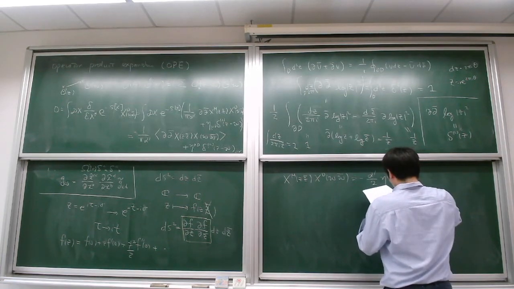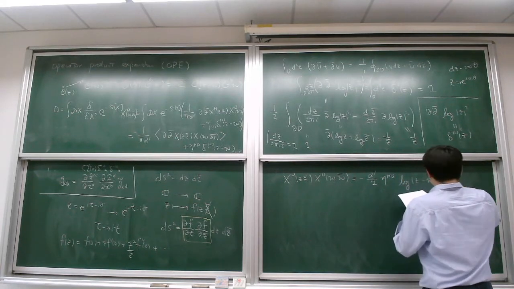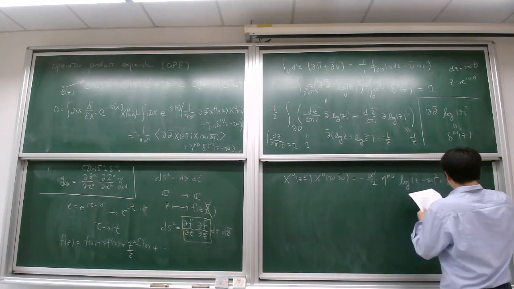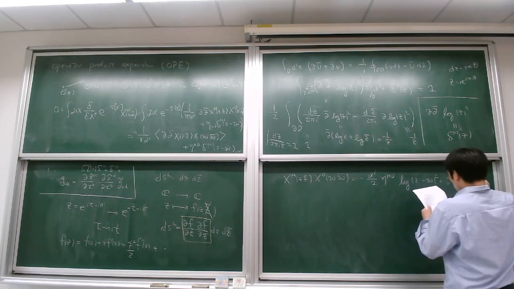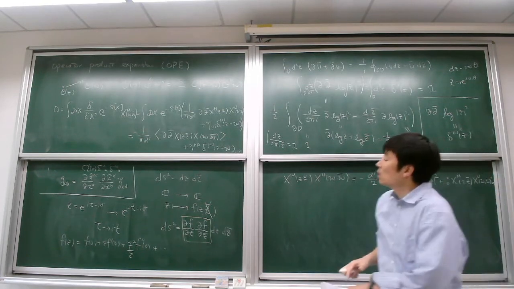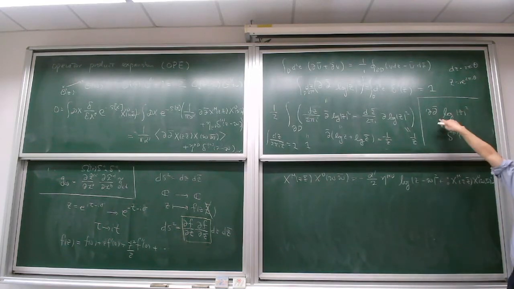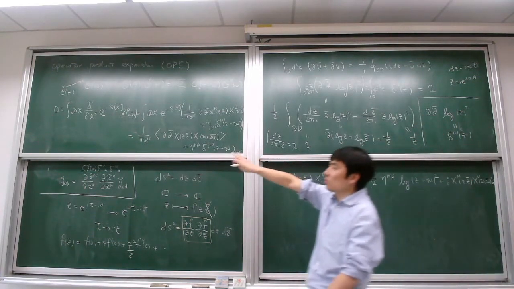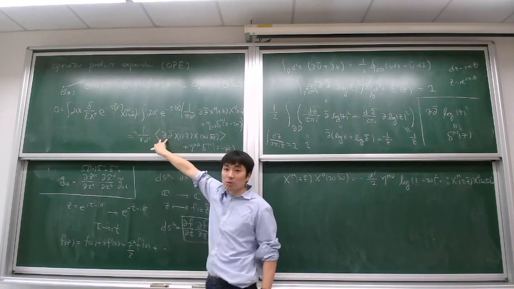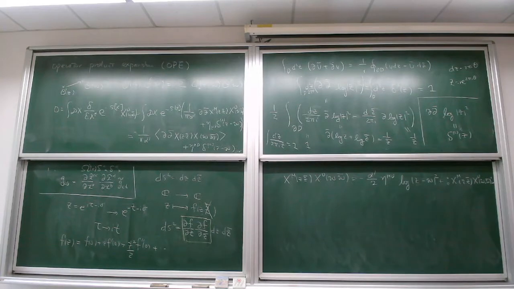Log of z minus w squared plus... so now we replace the delta function in this quantity, and since we both have two derivatives with respect to holomorphic and anti-holomorphic, just forget about it. Then you get this equation.